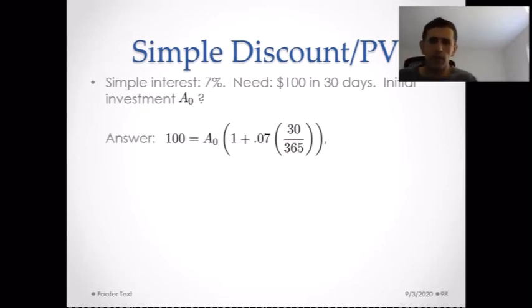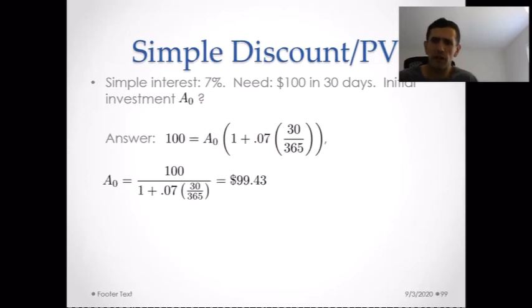We'll just plug into the formula for accumulated value. It's 100 equals A0 times (1 plus my simple interest rate of 0.07 times the fraction). We're using 365 days in the year, so the fraction here is 30 over 365.